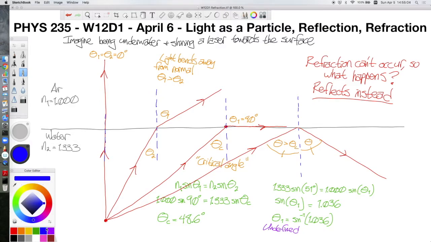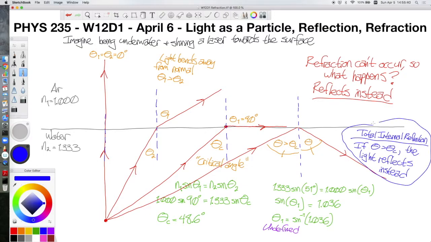And if the incidence angle is greater than the critical angle, the light will reflect instead of refracting. And I mentioned earlier that every time refraction happens, there's also a little bit of reflection happening. The closer you get to the critical angle, the more of the light is reflected. But as soon as you pass the critical angle, 100% of the light is reflected.